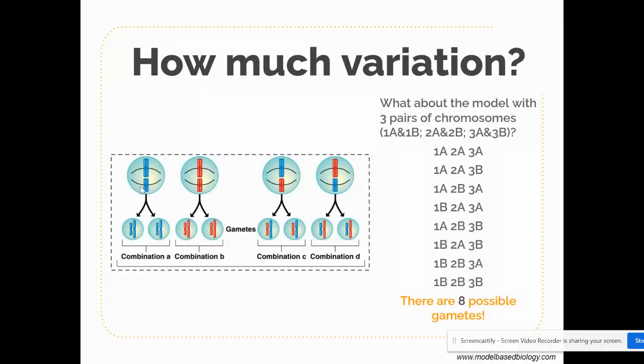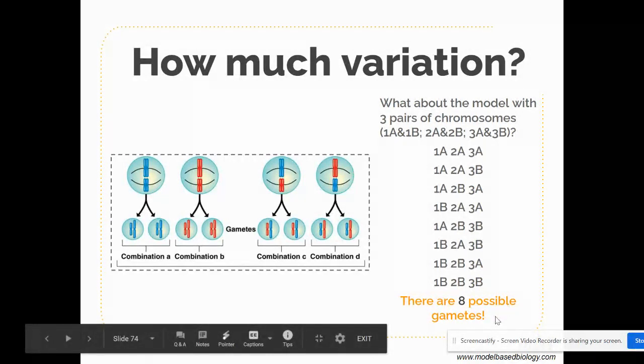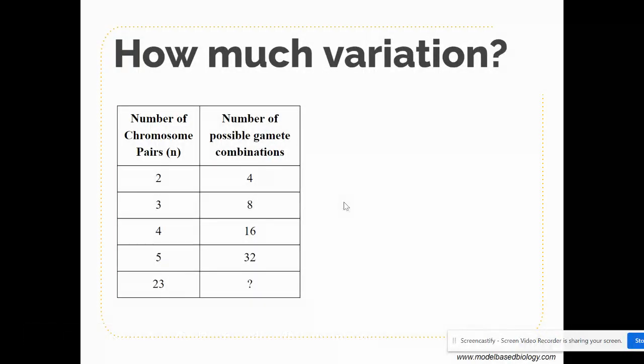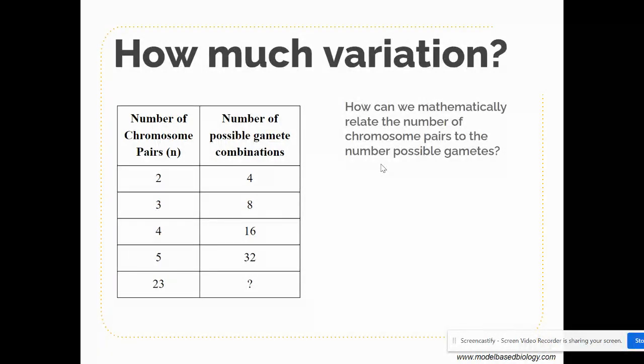Okay, so by adding one more set of chromosomes, our variation has significantly increased with the chances of 8 possible gametes. Okay, and this number keeps going up and up. So how can we mathematically relate the number of chromosome pairs to the number of possible gametes?